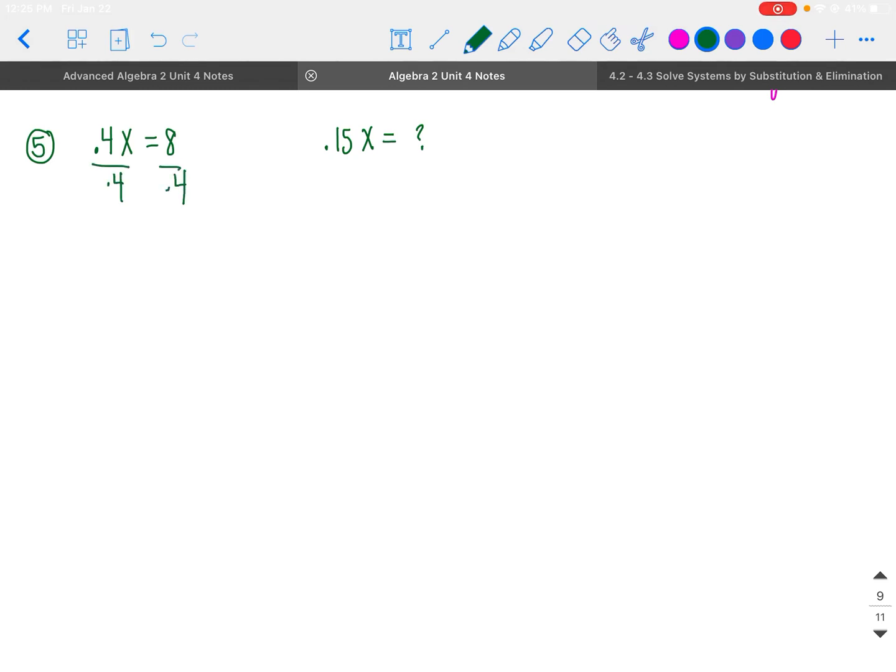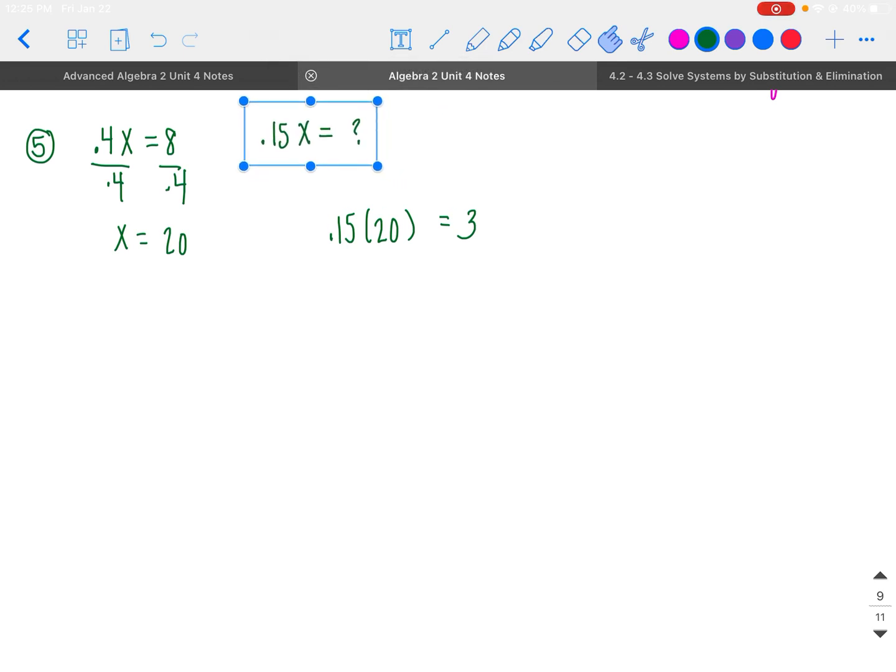So we can divide both sides by 0.4 to give us x equals 20. And so 15% of 20 is 3, which is C.